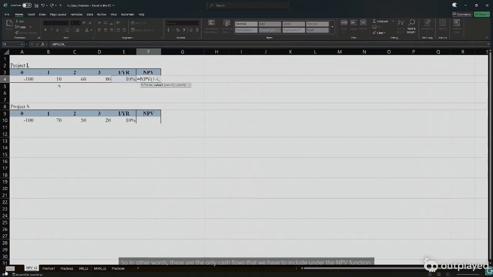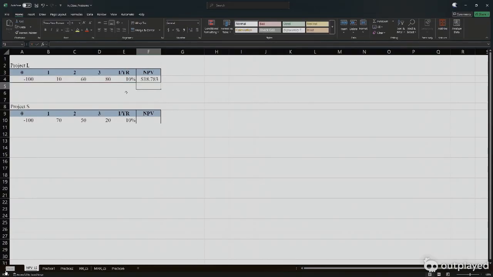So these are the only cash flows we include in the NPV function. We add the negative 100 cash outflow separately, because it is already at time zero, so there is nothing to discount. That's how you get your NPV for Project L.